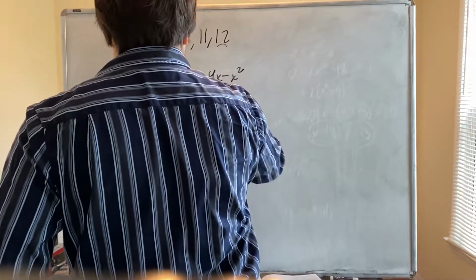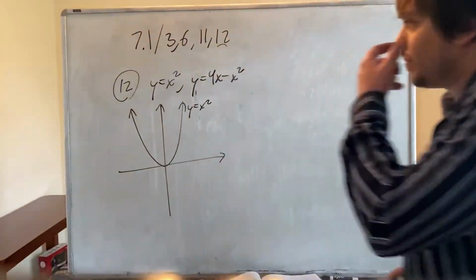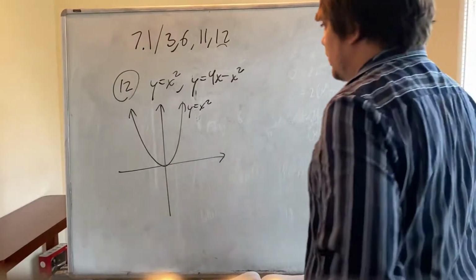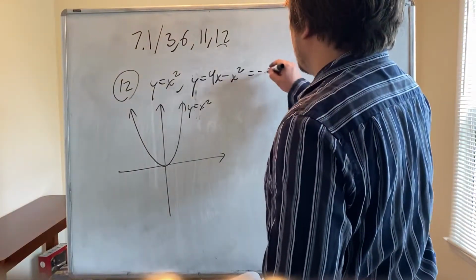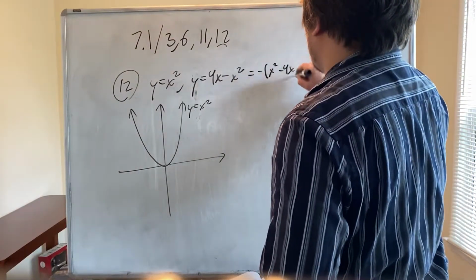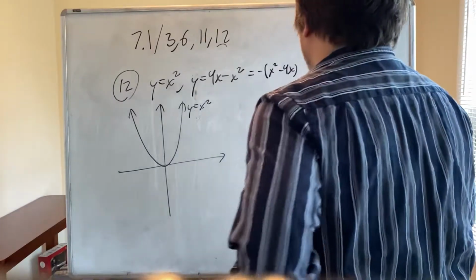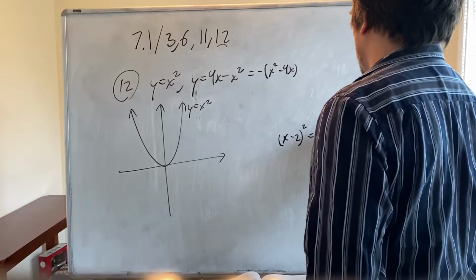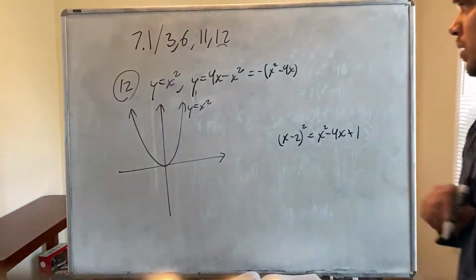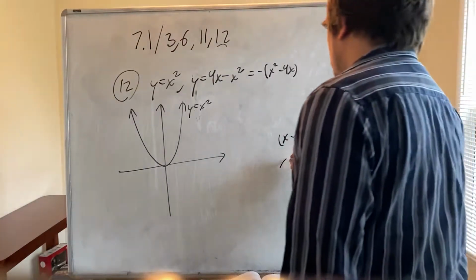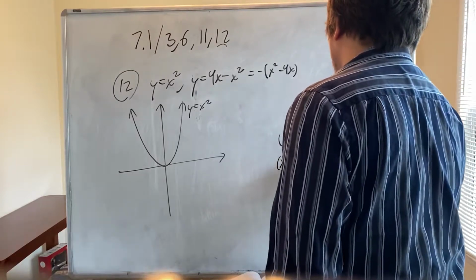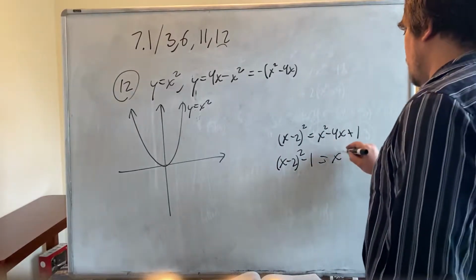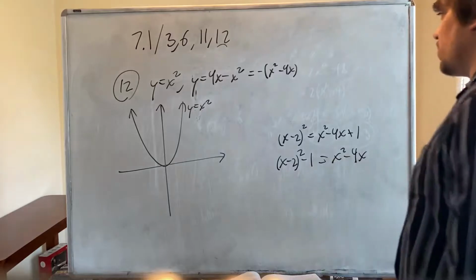Okay, so you have y equals x squared, and then this is the negative of x squared minus 4x. If you did x minus 2 in parentheses squared, you would get x squared minus 4x plus 4. And so x minus 2 squared minus 4 is x squared minus 4x.